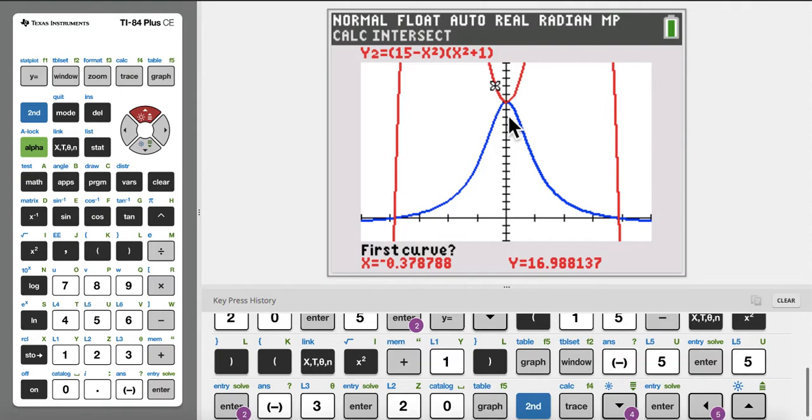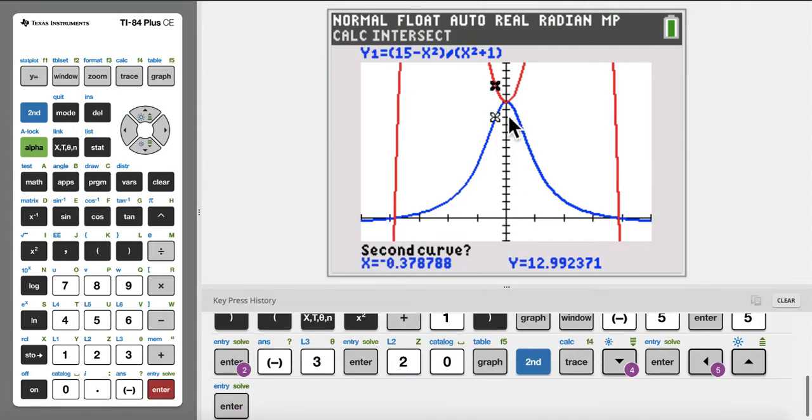So anyway, I'm going to let that be my first function. And I hit enter, and the cursor marks the first function and jumps to the next one and asks for a second curve. So I'm going to hit enter again. Then it asks for a guess, and this is fairly important because I've got three different points of intersection that I'm looking for.